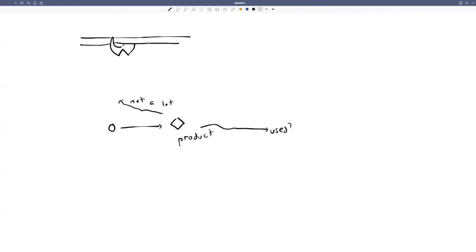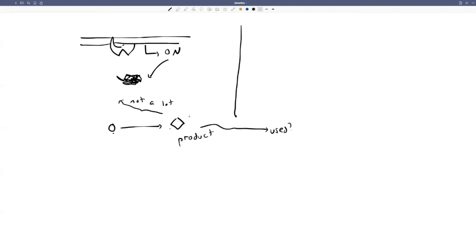So I'm going to stick with the example of an activator. If there's not a lot of product, then the activator attaches to the DNA of the promoter for the gene that makes the enzyme. And this is the enzyme responsible for converting circle into diamond. So this would make more diamond.